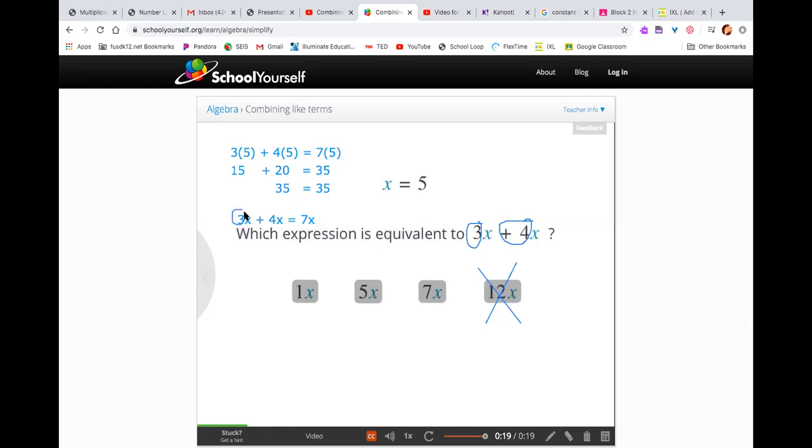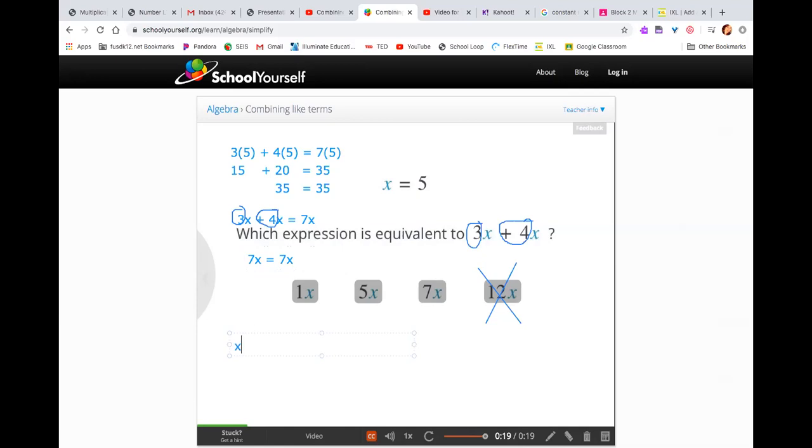So I'm looking at 3 plus 4, okay? And 3 plus 4 is 7, equals 7x. So does it match that way also? Yeah.